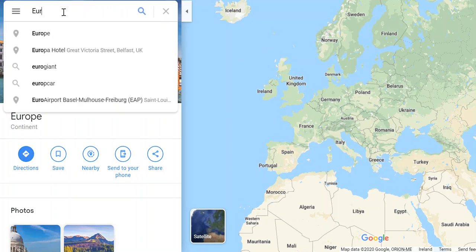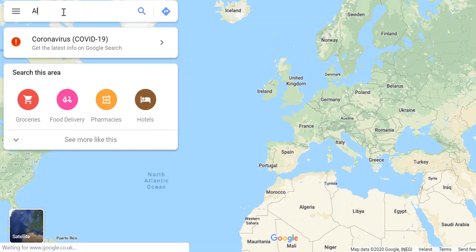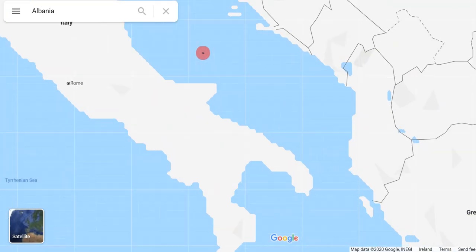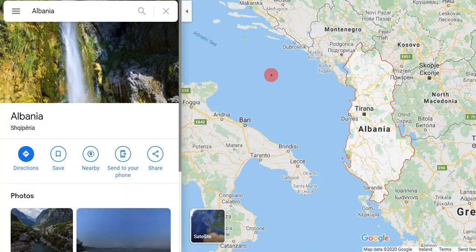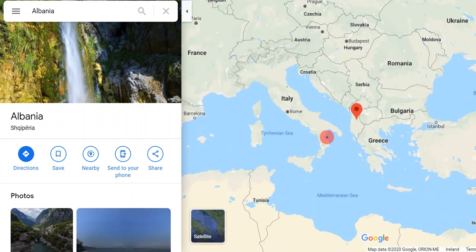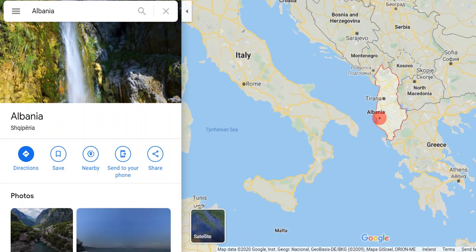I think that was within Europe. So let's check that one and see. And there we go. So Albania is the country that we're talking about. It's a European country, and we can see here that it's within Europe. So Albania would be the answer to that question.